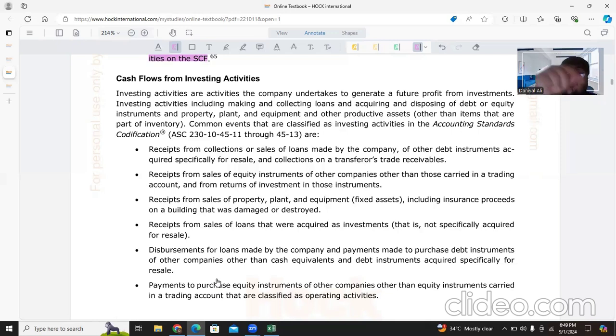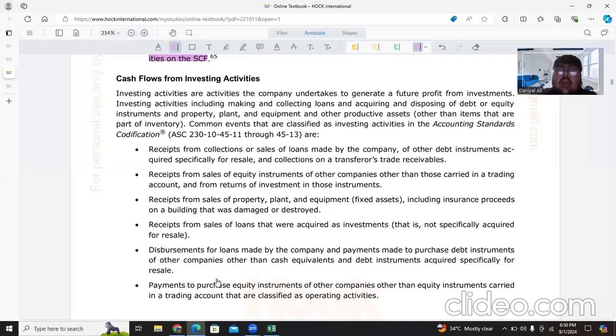Yes, remember that inventory is a working capital part, it's a current asset. You have receipts from collection, receipts from the sale of a loan made to a company, debt instruments, repayment, transfer of trade receivables, etc. You get a receipt from the sale of equity instruments. So those are cash inflows, and there are also cash outflows.